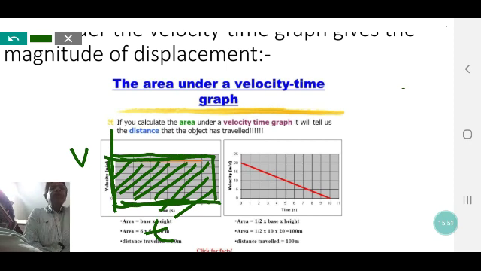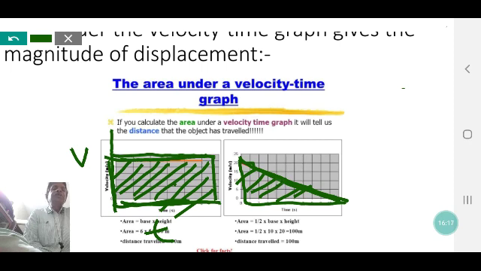In this graph, the velocity of the object decreases uniformly as time passes. So it is a kind of uniform deceleration, and the area under the velocity-time graph also gives the displacement covered by the moving object.